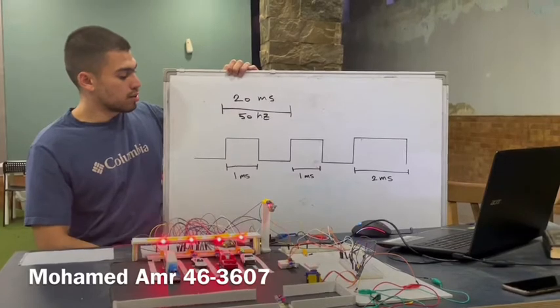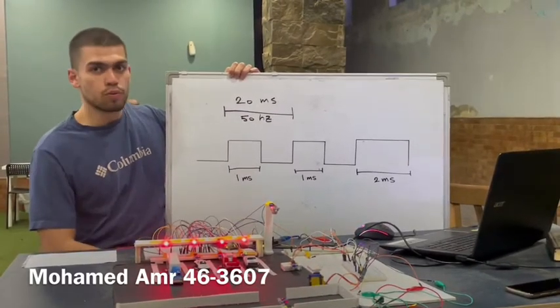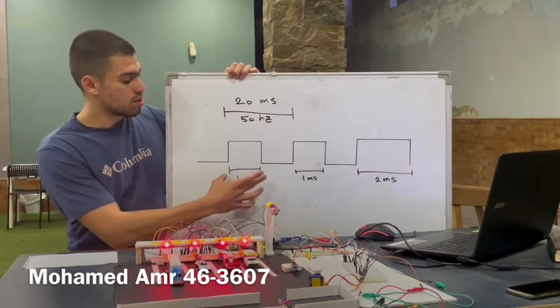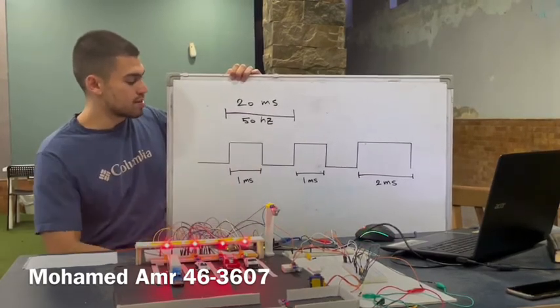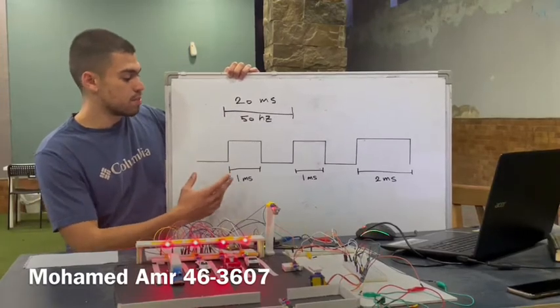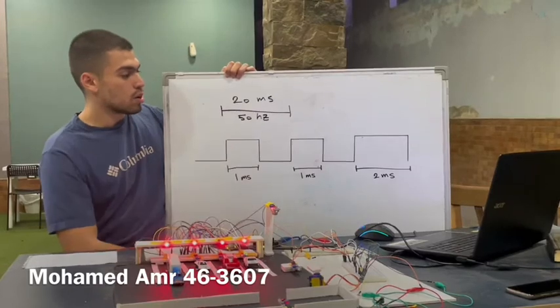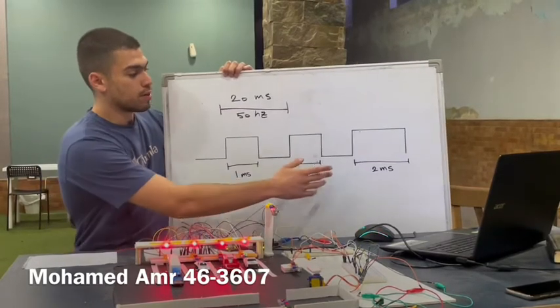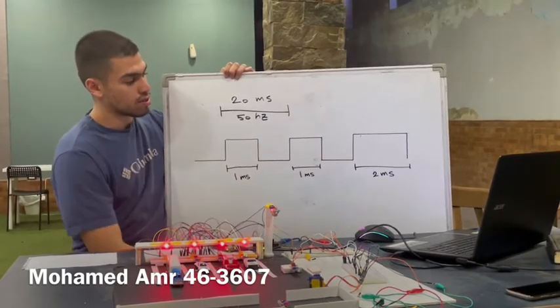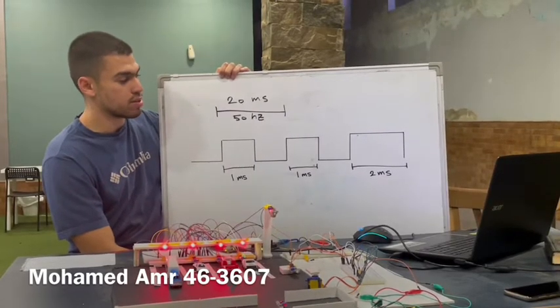The motor decides its position based on the width of the pulse. For example, if the width of the pulse at this clock cycle is 1 millisecond, the motor takes that as an indication that its position is supposed to be at angle 0. If the width is 2 milliseconds, the motor switches the position to 180 degrees.